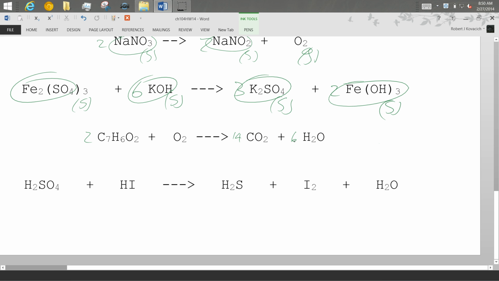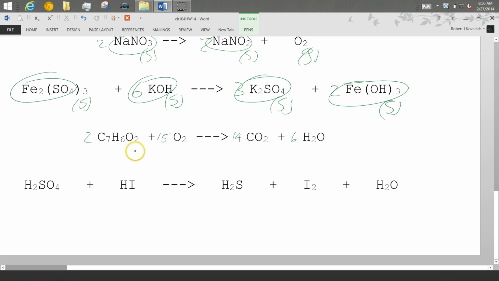Okay, so now on the right side, I've got 28 and 6, so I've got 34 oxygens on the right. And on the left-hand side, I have 15 O2 molecules. Don't I have 6? Yeah. There's 4 in the C7H6O2, so we need 15. Yeah, so we'll need 15 more here. Okay.